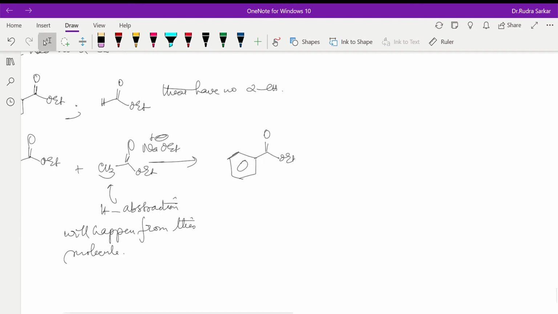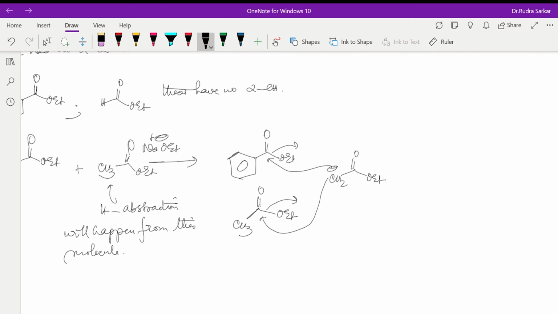So the choice is what? This nucleophile that is formed from ethyl acetate can go and attack this one, and eventually OEt will be replaced, or it can go and attack here and eventually OEt will be replaced.